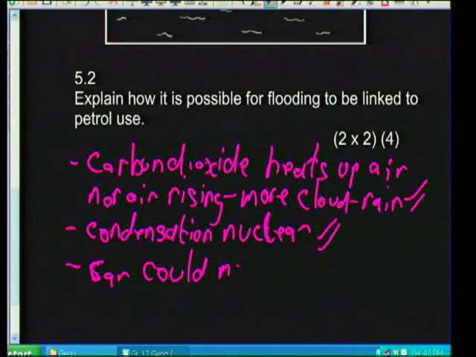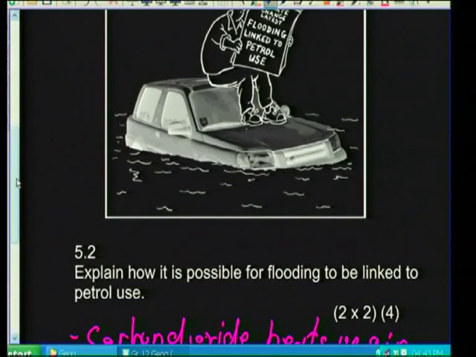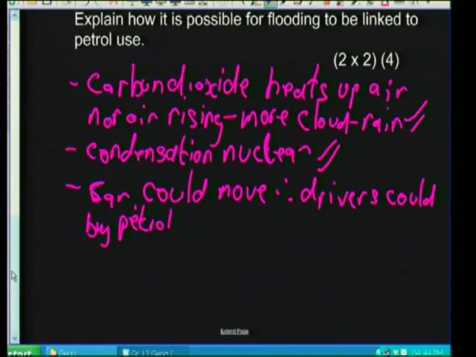Therefore drivers could not buy petrol. It does relate, because basically the question was focusing on how carbon dioxide heats up, causes warming and causes more rainfall. The learners looked at the diagram, which made sense also. You can't go and buy petrol, so it cuts down the petrol use itself.